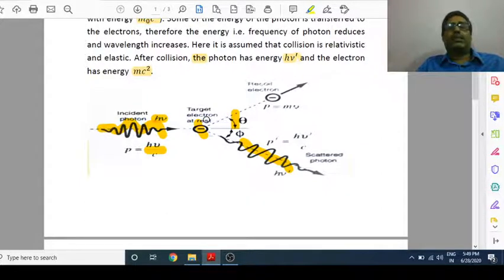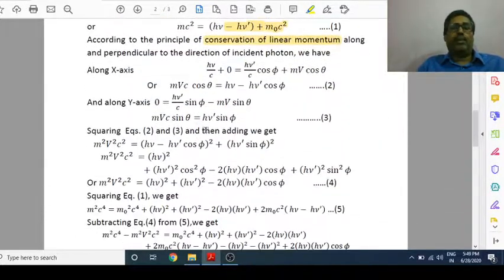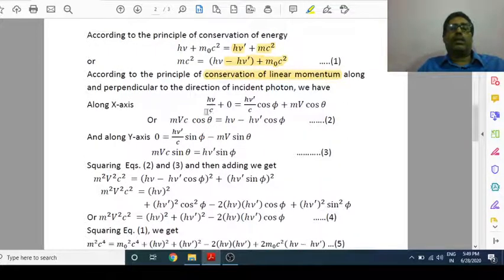So take first the x component, along the x-axis. The photon's momentum is h nu by c, and the electron's momentum is 0 because the electron is at rest. So h nu by c plus 0. Now see after collision.